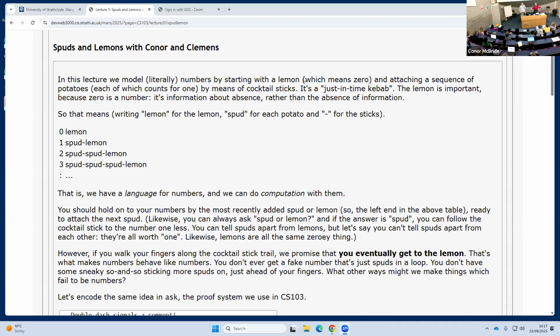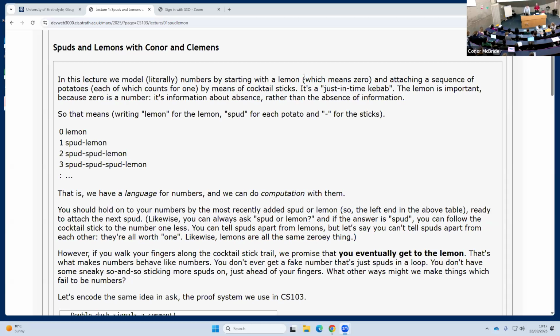Most programming languages you encounter will have all sorts of built-in goodies. They'll already have some notion of what a number is, and they'll be able to do all sorts of arithmetic. Agda is extremely primitive. It wakes up in the morning knowing absolutely nothing. So we've got to teach it what numbers are, and that's what Clemens is about to do.